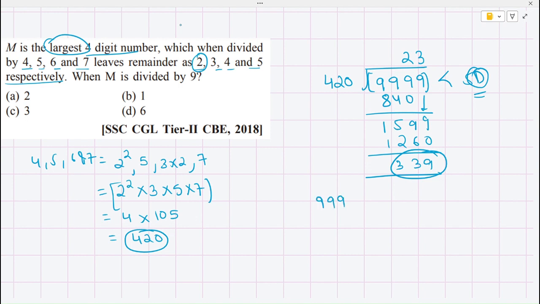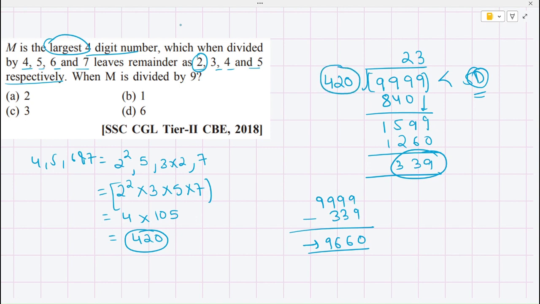So if we subtract 339 from this particular number, we will receive 9660, which means that all these numbers will be able to divide this particular number completely. Right, now this is the largest, that is the reason why we are dividing this particular number by the LCM.